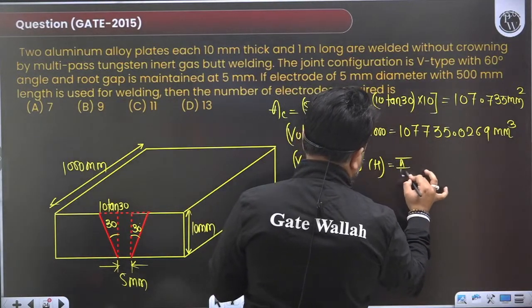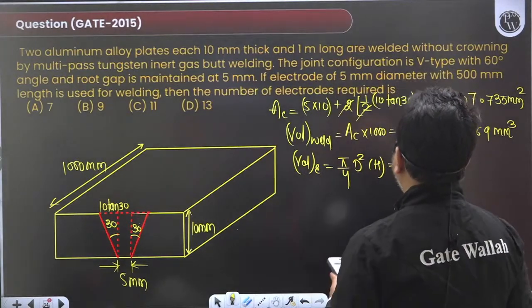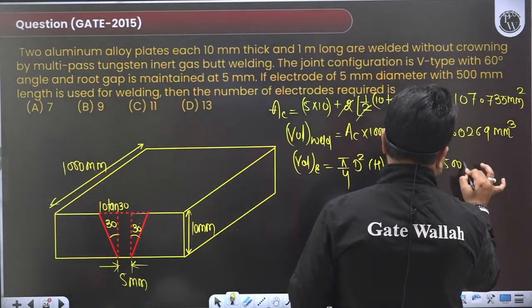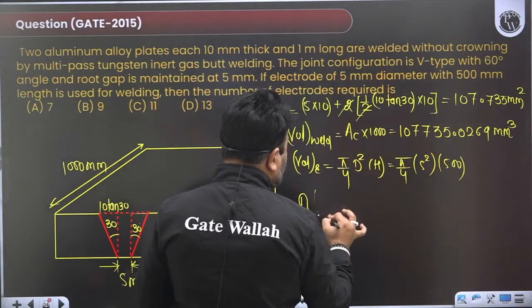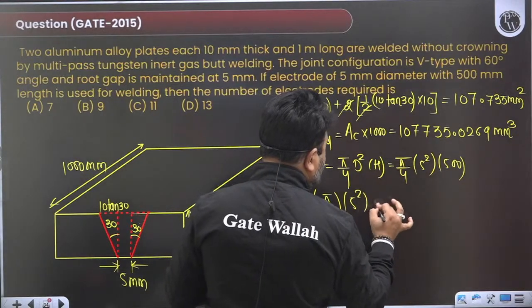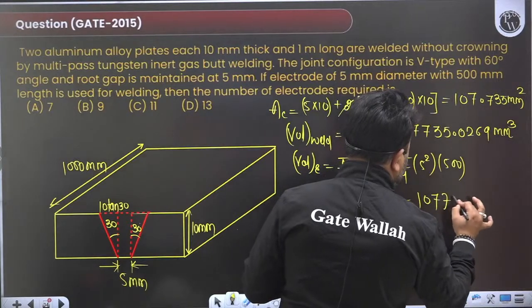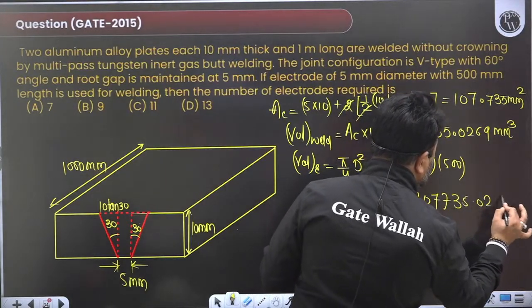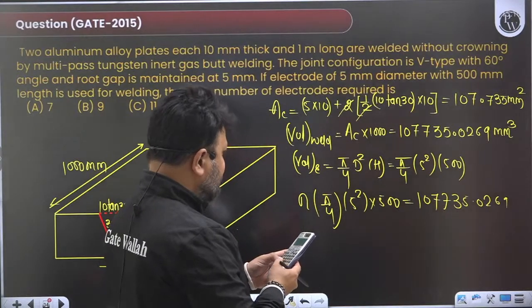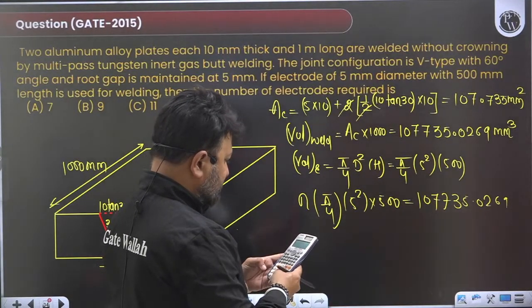If the electrode is of 5 mm diameter and 500 mm length, the number of electrodes is the weld volume divided by pi by 4 into 5 square into 500.